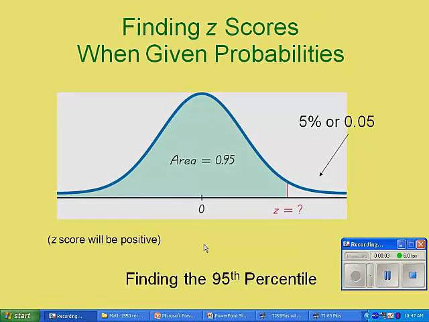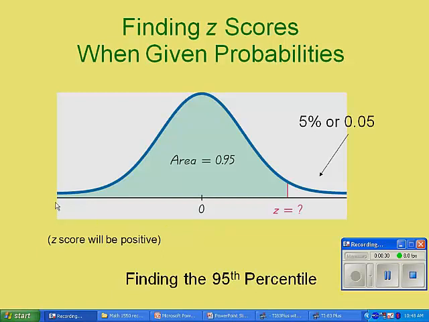Look at this problem. Suppose I want to figure out where the 95th percentile is. Now remember what that means, the 95th percentile on the bell curve. If I'm in the 95th percentile, that means I'm better than 95% of the other data points, right?